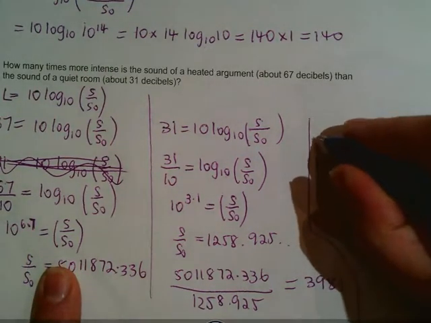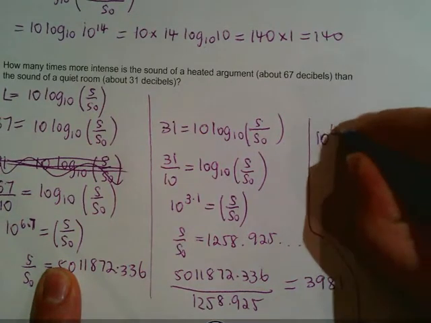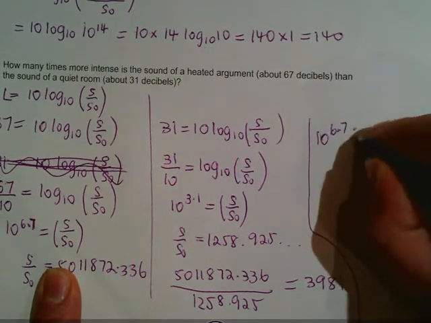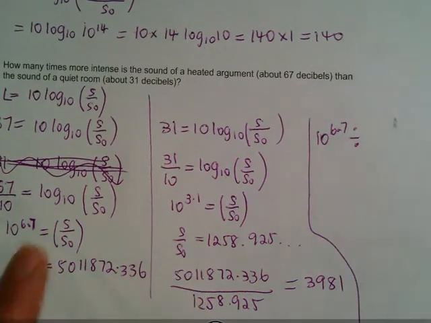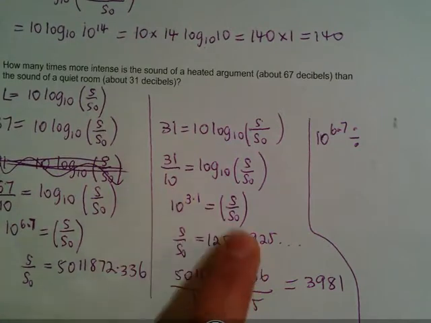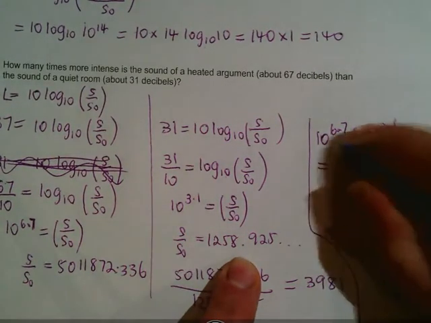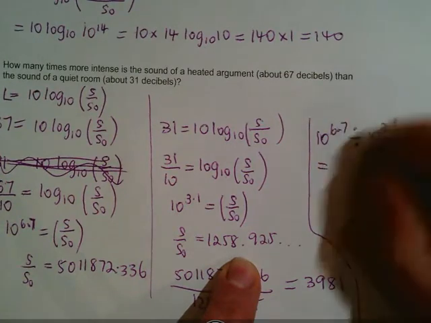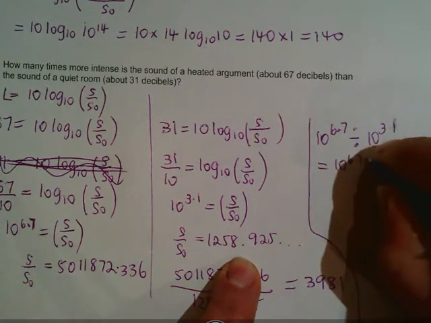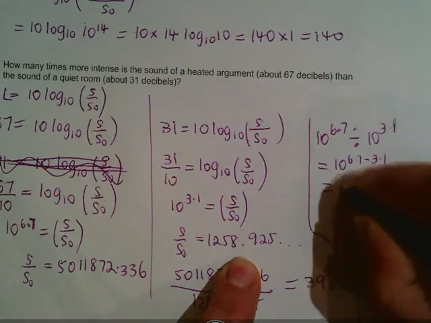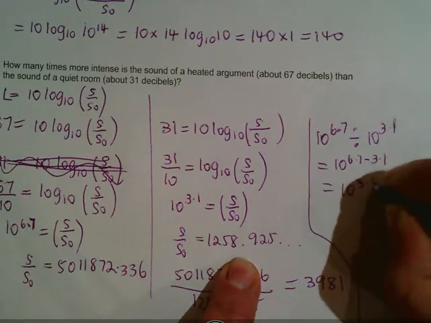I worked out what those two values were. The other way you could do it, if you want the exact value, is 10 to the power of 6.7 divided by 10 to the power of 3.1. And when bases are the same and you're dividing, you subtract the indices, so it'll be 6.7 minus 3.1, which is 10 to the power of 3.6.